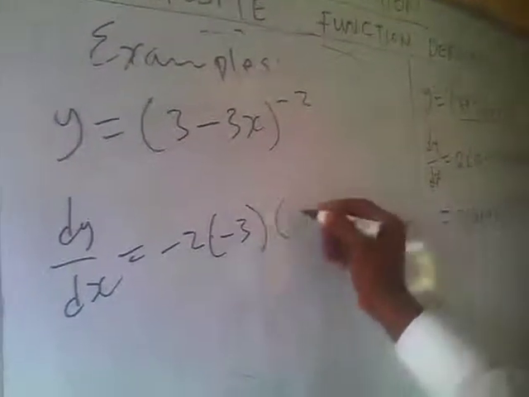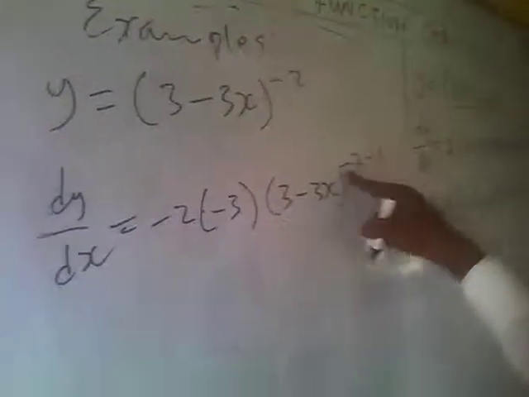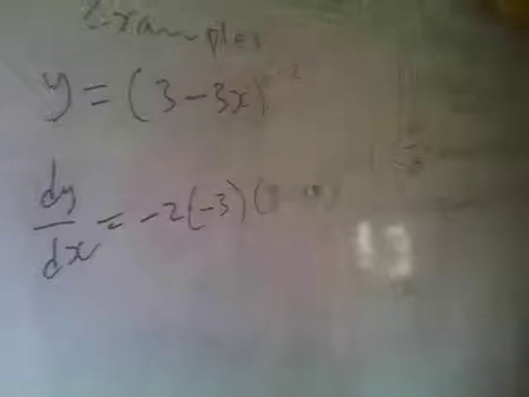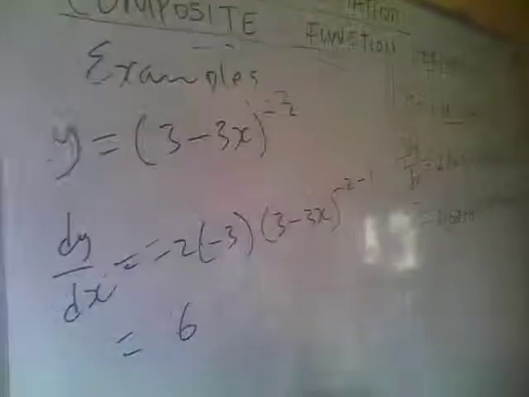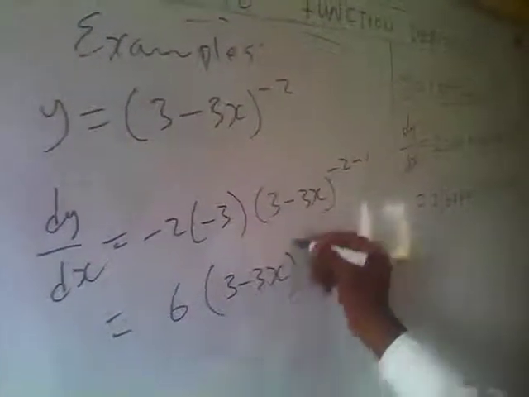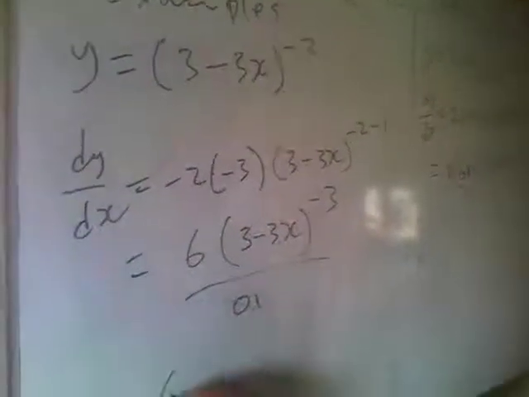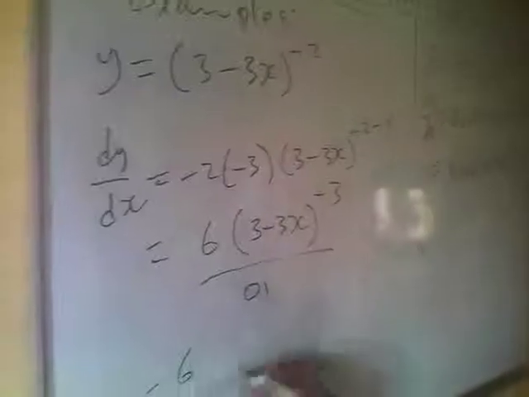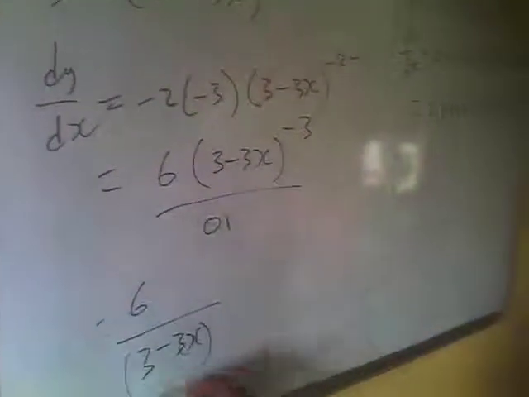Then repeating the bracket, 3 - 3x. Then shorten the power by 1, that's minus 2 minus 1. You have to subtract 1 from the power, that means we are differentiating it. That gives us minus 2 times minus 3, that is 6, into (3 - 3x) now to the power minus 3. Or we can rewrite this answer as 6 all over (3 - 3x) to the power 3.